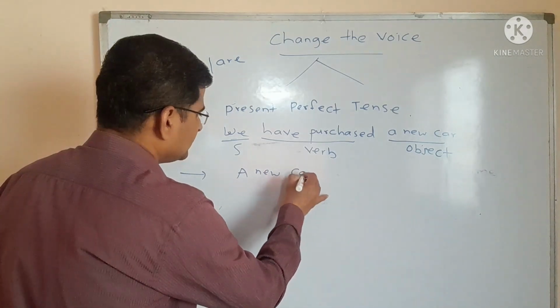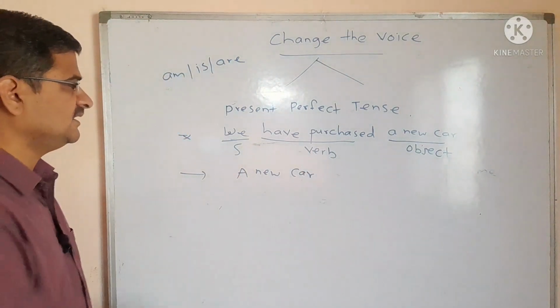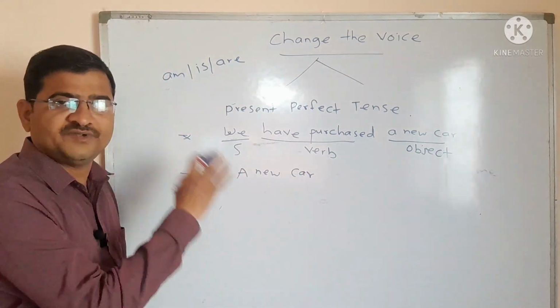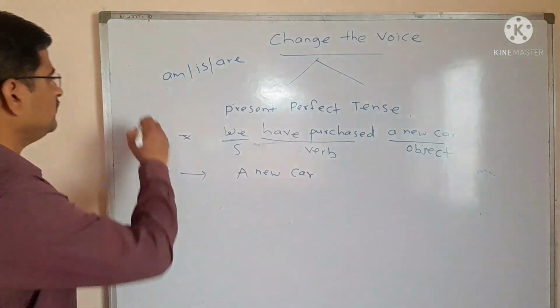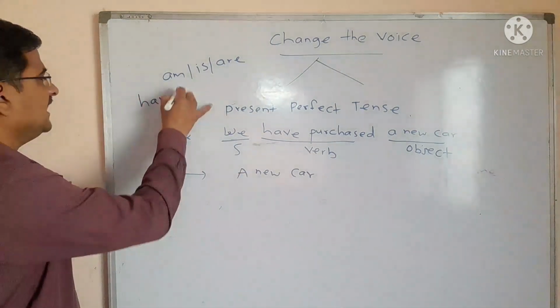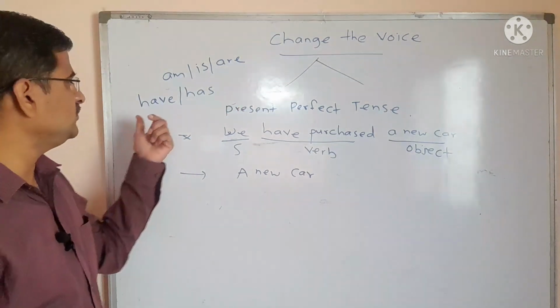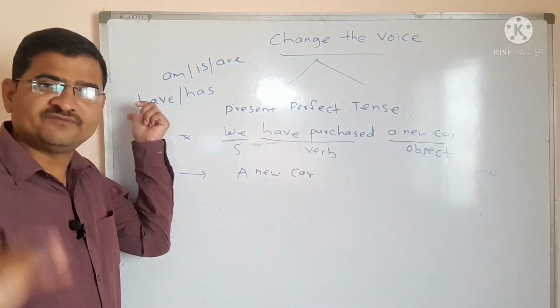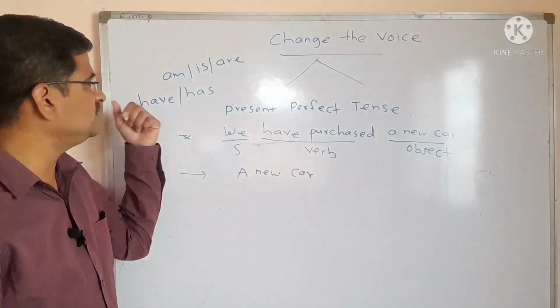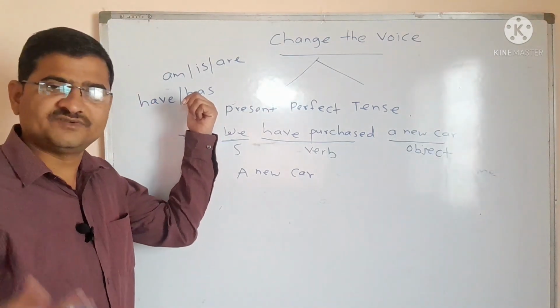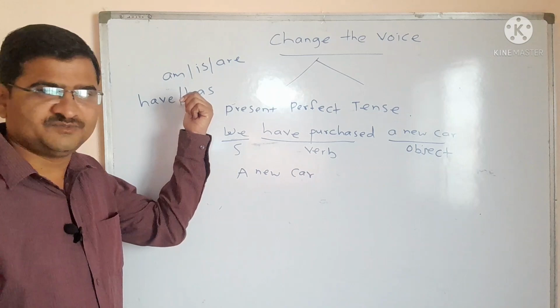A new car. And after this, see here, this is an example of perfect tense. Therefore, you have to use the helping verb either have or has. Okay, you have to use the helping verb have after the plural subjects. You have to use the helping verb has after the singular subjects.